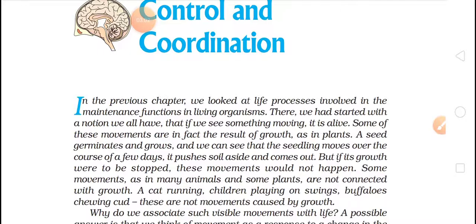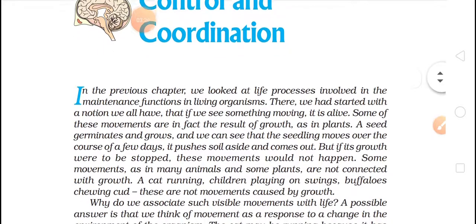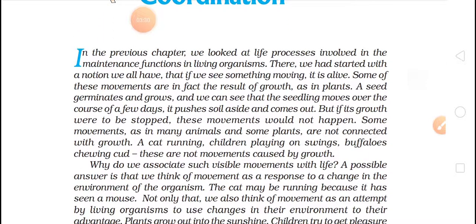The seeds grow. It germinates, it gives rise to a seedling, and that seedling comes out from the soil and grows into a plant, and that plant grows in height. But if its growth were to be stopped, this movement would not happen.